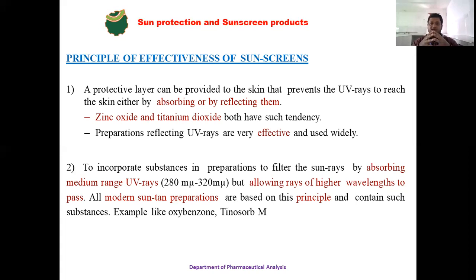Certain examples like zinc oxide and titanium dioxide have those absorbing or reflecting properties.